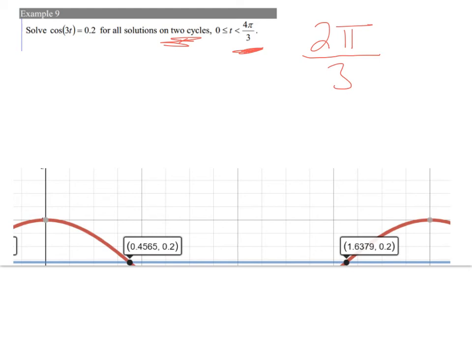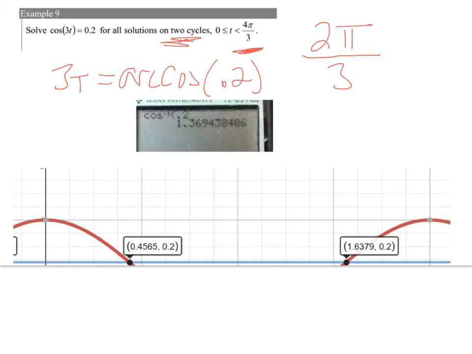So let's momentarily ignore the 3t, and I'm just going to do the arc cosine of 0.2. I did that on my calculator, and I know that is equal to 3t, because that's the inside. So then I'm going to divide that by 3.